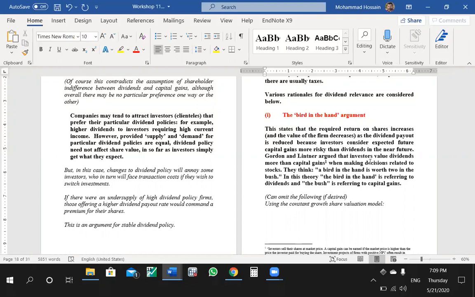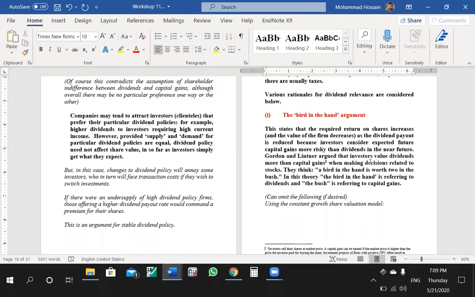The companies may tend to attract investors or clienteles that prefer their particular dividend policies. For example, higher dividends to investors requiring higher current income. However, provided supply and demand for particular dividend policies are equal, dividend policy need not affect share values insofar as investors simply get what they expect.